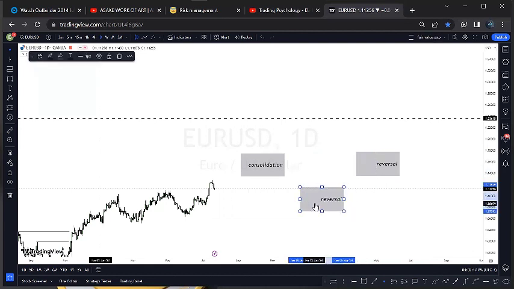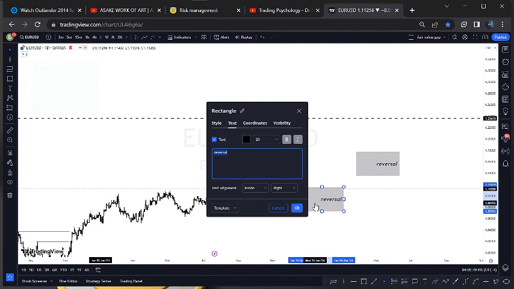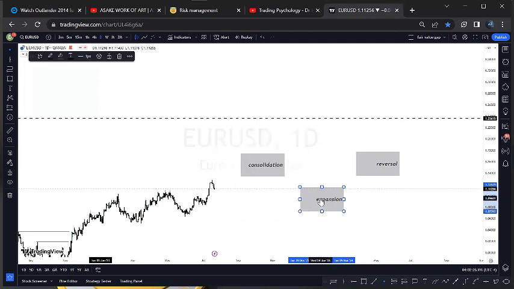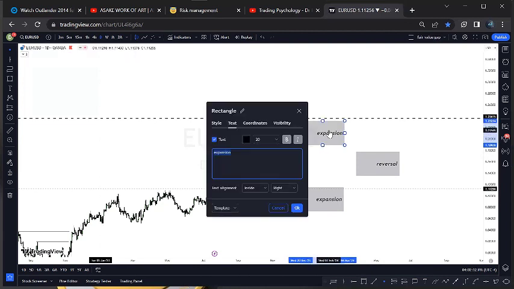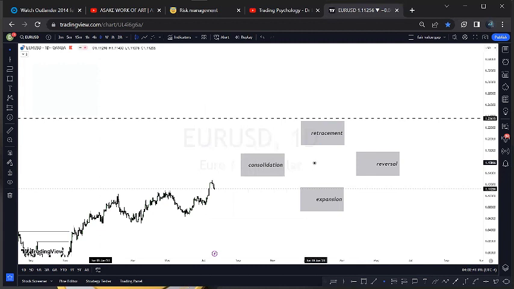We have expansion. And then we have retracement. This is what price does.